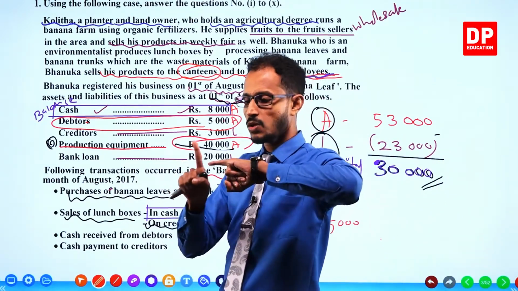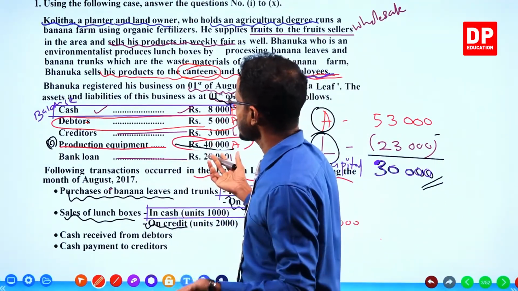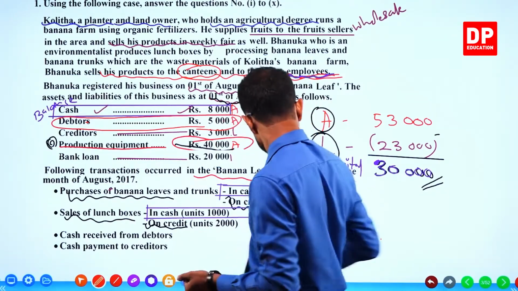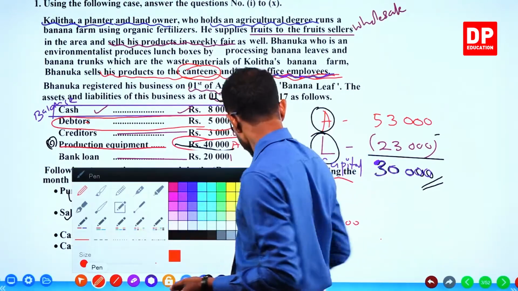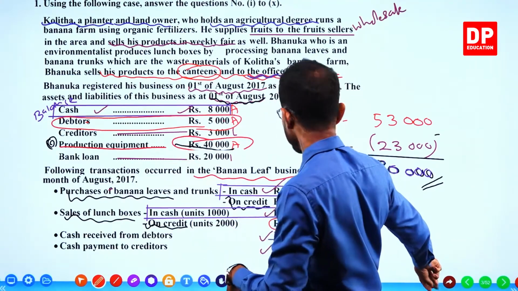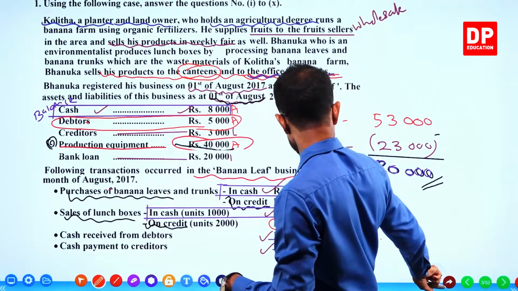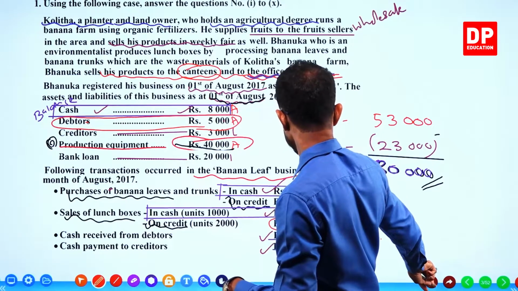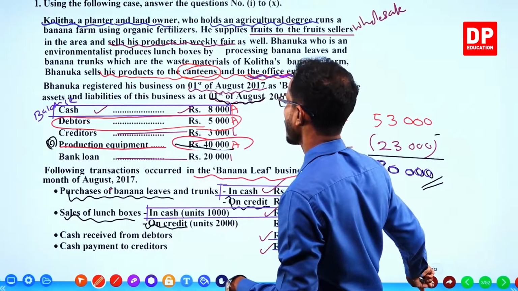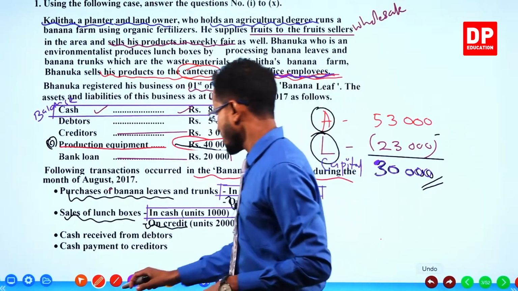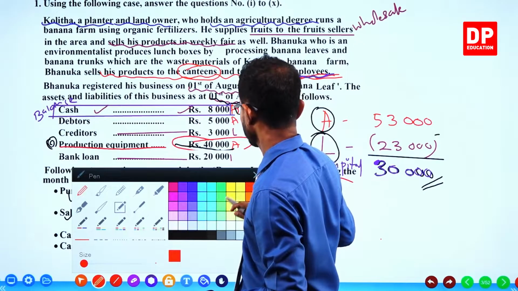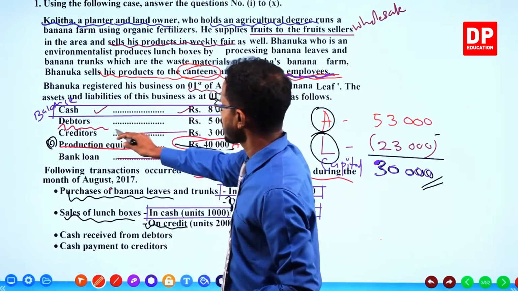Now liabilities. Current liability. Which liability are you going to take? Let's take creditors and calculate the value. Before that, I'm going to clear this place a little bit. Okay, let's take creditors.